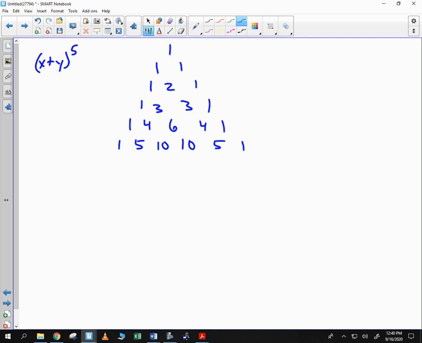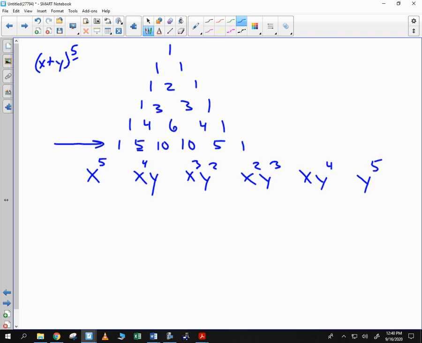What you could do is look at this row, because it has a 5 as the second number, that tells you you're going to have x to the 5th, and then x to the 4th y, x to the 3rd y squared, x squared y cubed, x y to the 4th, and then y to the 5th. And these tell you your coefficients. So it's going to be 5x to the 4th y, 10x cubed y squared, 10x squared y cubed, and then 5, and then 1. And that's how we expanded that so quickly.